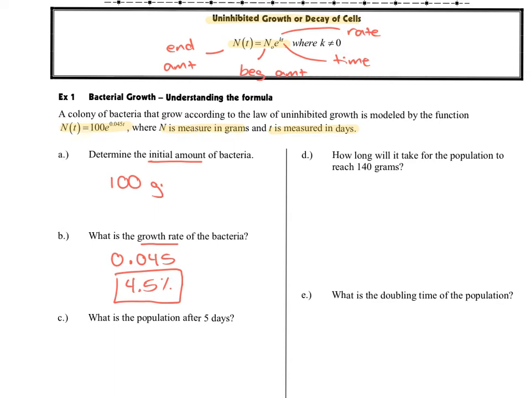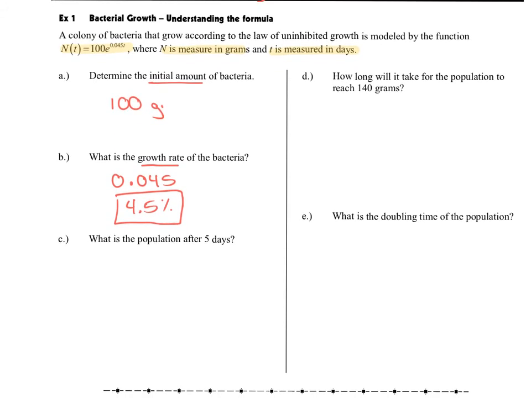Now, it also wants us to say, what is the population after 5 days? So when it's asking for the population after 5 days, it's talking about evaluating this function at 5. So that means we're just putting 5 in for t.